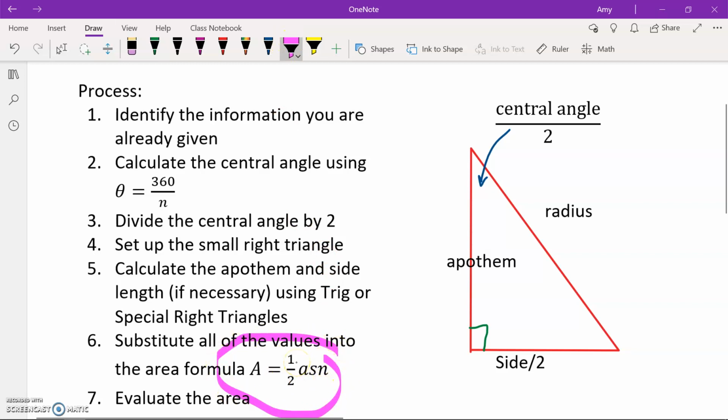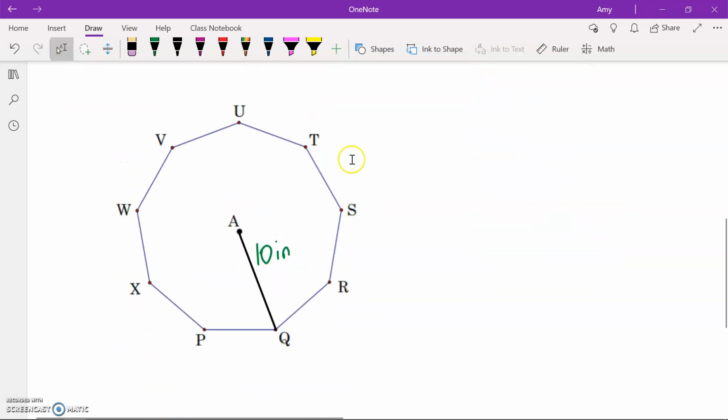That area equals 1/2 apothem times the side times the number of sides. But if we're not given the apothem and the side length, then we're going to have to use this small triangle to find those values. So I'm going to show you what that looks like in this example down here.